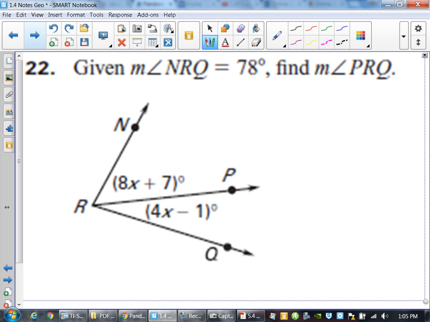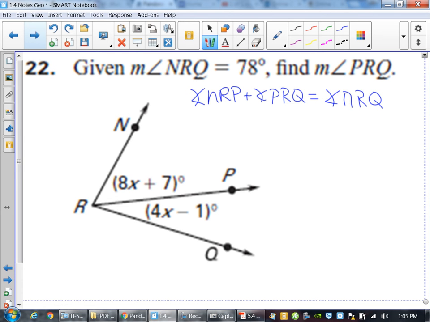So what we do is we write it out. You can do one of two things. You can start with the whole angle addition. Angle NRP plus angle PRQ equals the whole thing, NRQ.